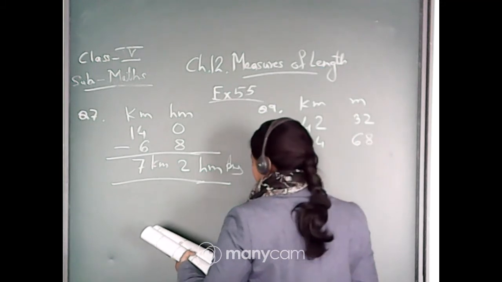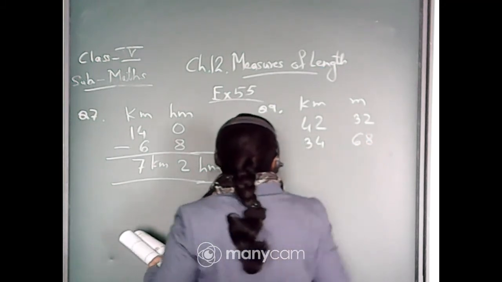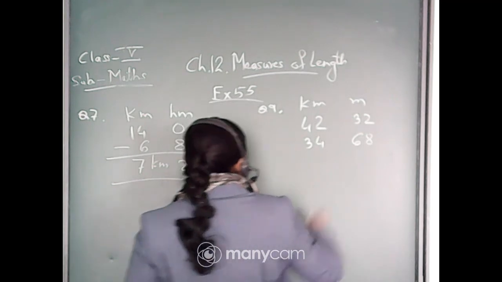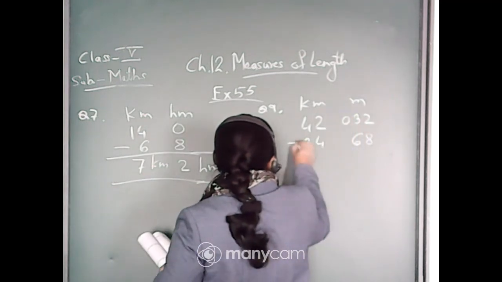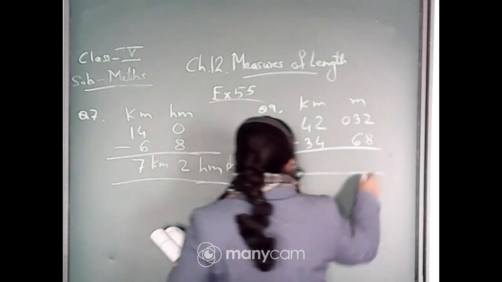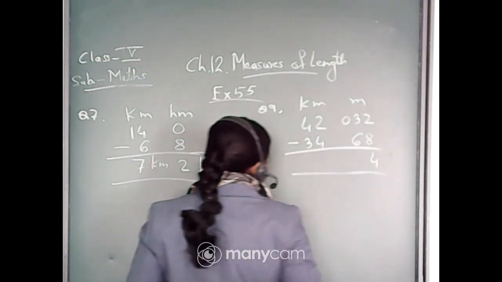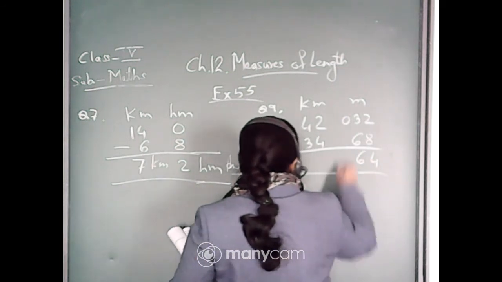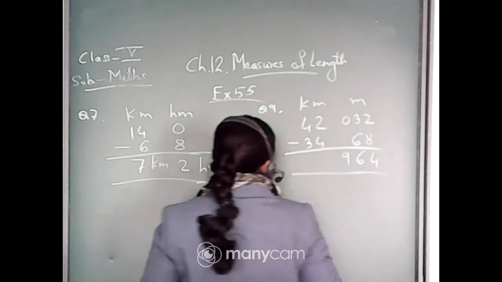As you know that in meter there are 3 digits, so 10 will be there. Now subtract it. When you subtract, you will get 4, 7, 8, 9, 10, 11, 12 and 13. That means 6, 1 here, so 9.